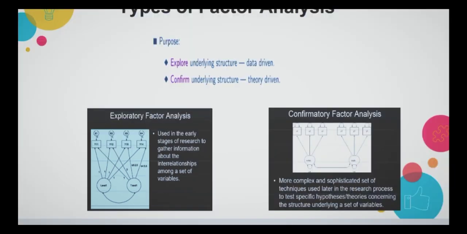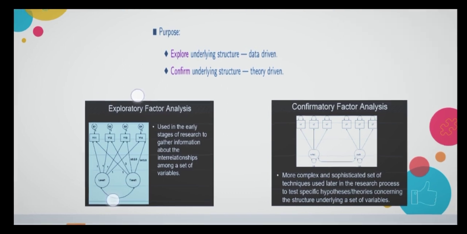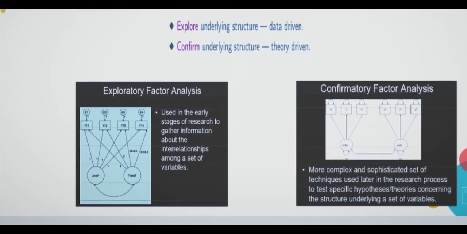Okay, confirmatory factor analysis adalah more complex and sophisticated set of techniques used later in the research process to test the hypothesis or theory. Okay, so untuk confirmatory factor analysis, it will be done after we do the exploratory factor analysis. So dalam EFA kita akan stages yang mula-mula, the early stages.